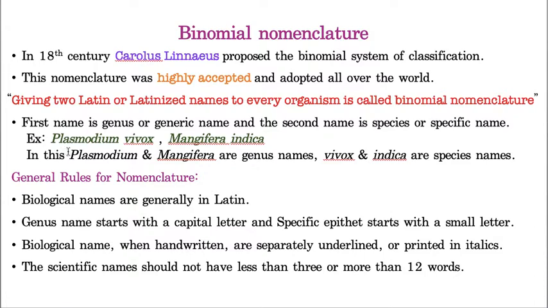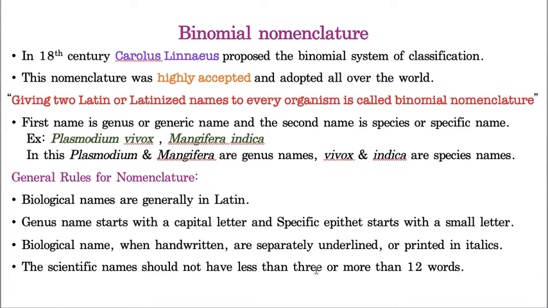Now, one more point is that these names should not exceed 12 letters, and they should not come below 3 letters. That means the lower limit is 3 and the upper limit is 12.